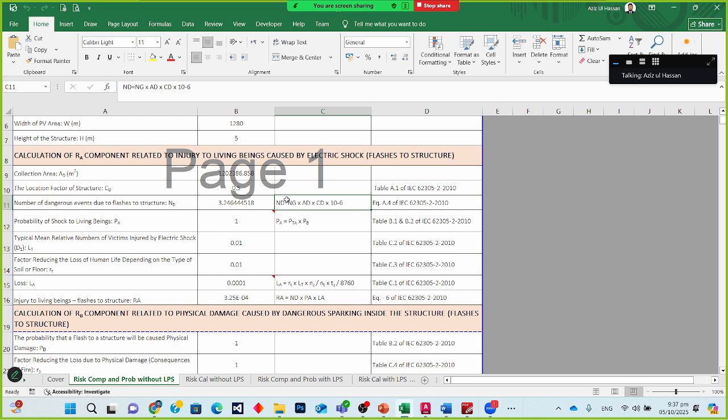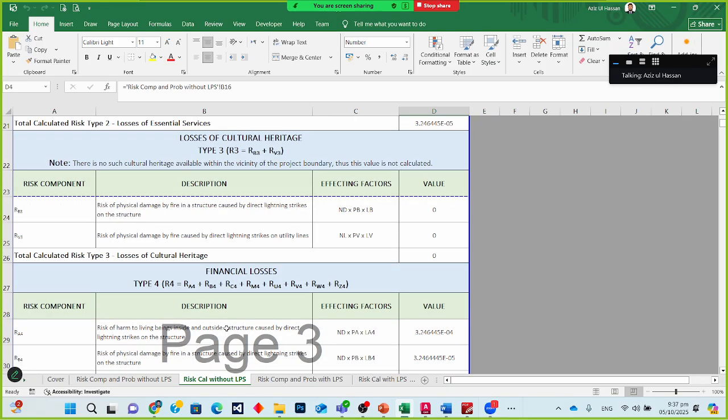One by one we need to calculate every component. On that basis, at the end we will finalize our risk components, and then on that basis we can finalize our risk calculation.